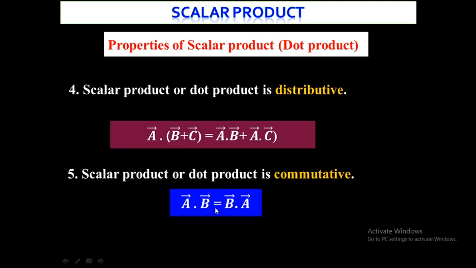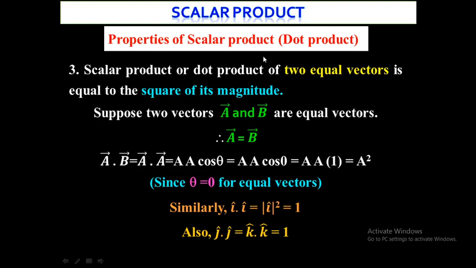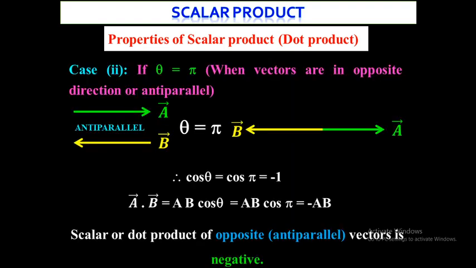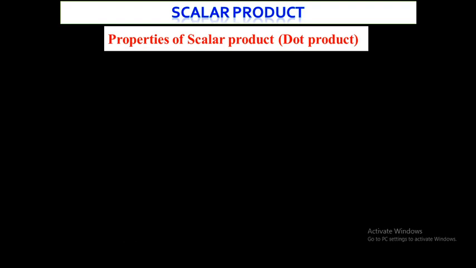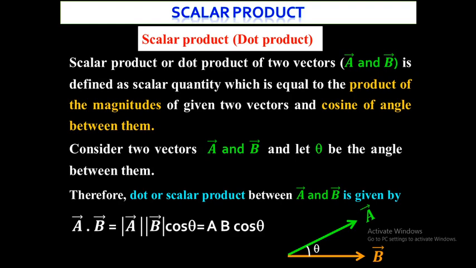Scalar product is commutative, scalar product is distributive, the scalar product of two equal vectors is equal to the square of its magnitude, the scalar product of two collinear vectors is positive or negative, and for two mutually perpendicular vectors, the dot product is 0. So that's all about the scalar product and its properties. Thank you.